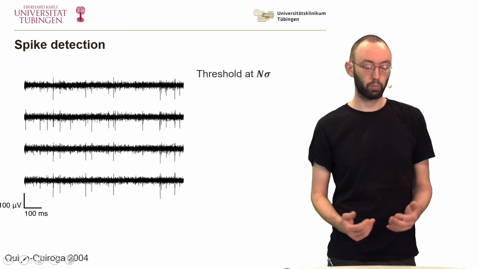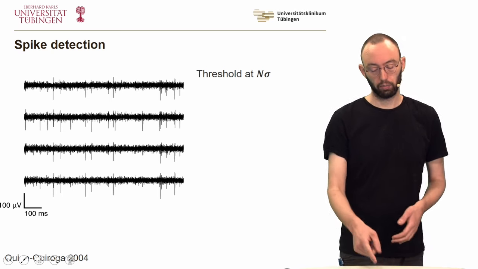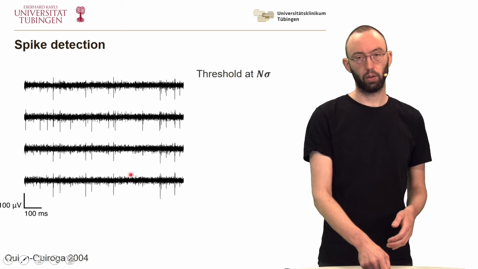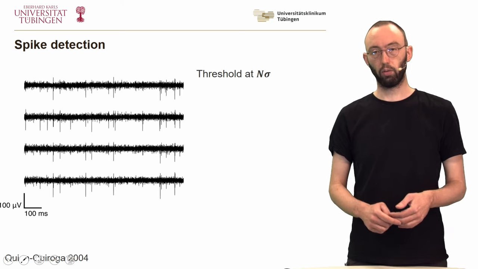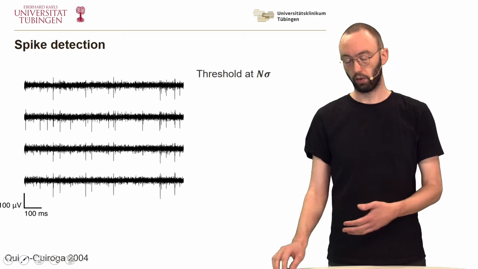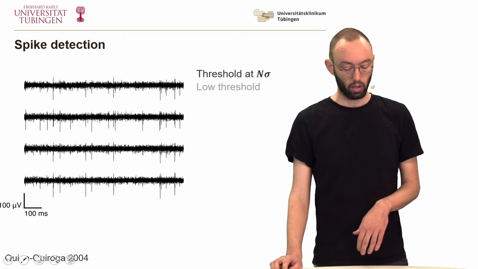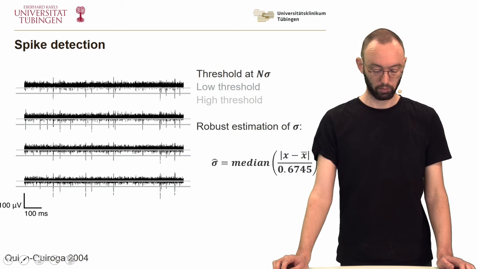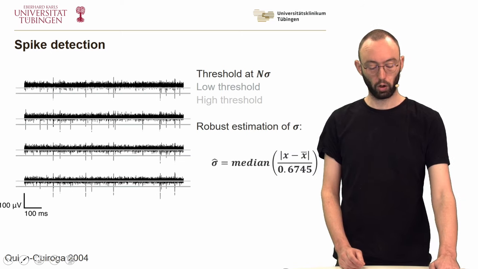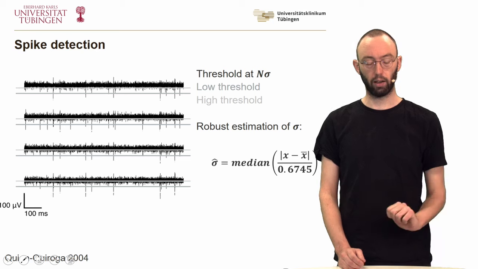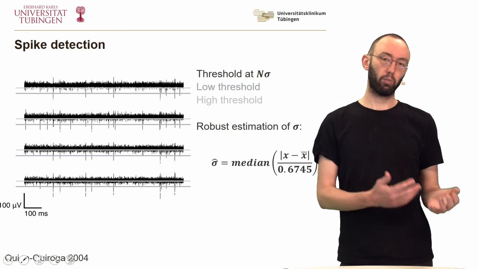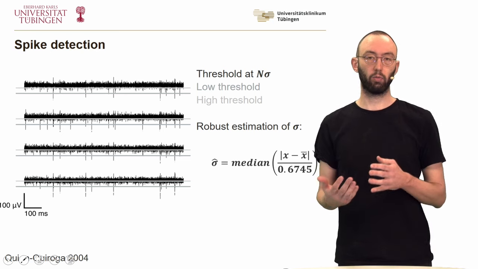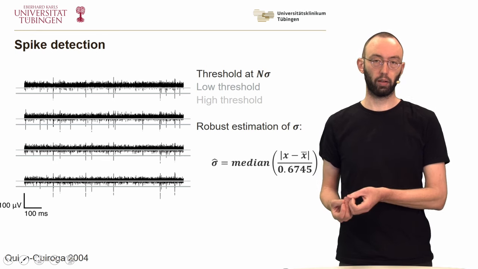One way to do that would be to try to estimate the standard deviation of the noise in the background, and then put a threshold at n times that standard deviation. The problem is if we put the threshold too low, let's say at this gray line here, then we get many signals in there which in the end we will not be able to separate into unique spikes.